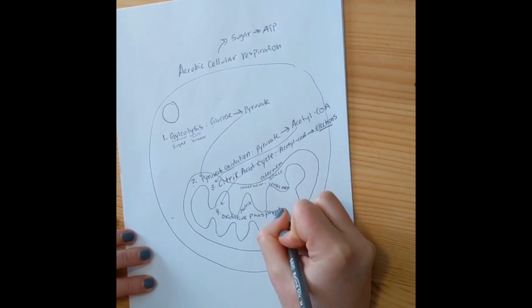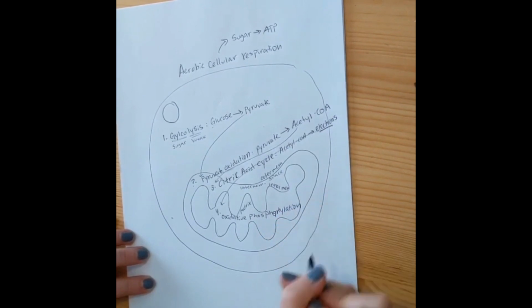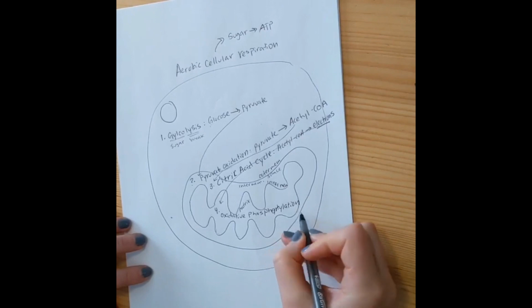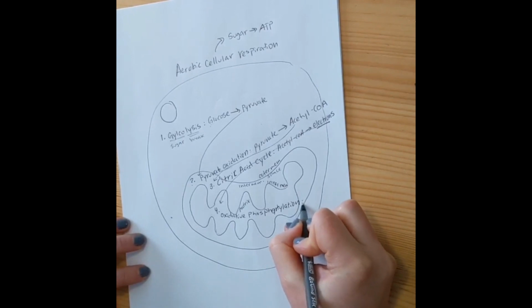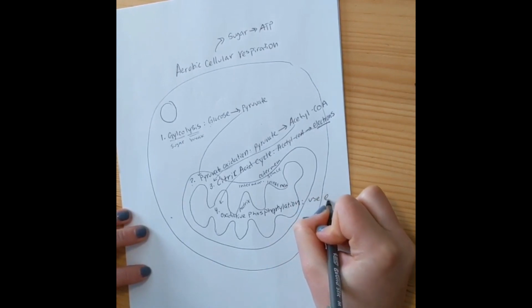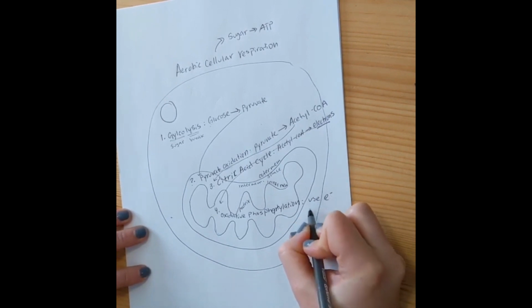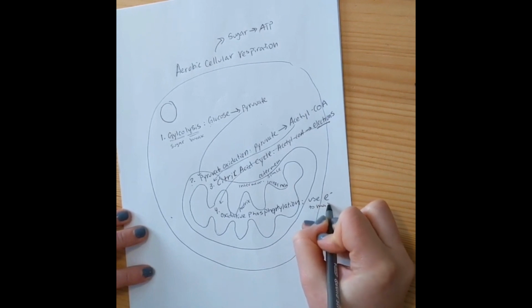Oxidative phosphorylation is going to take those electrons, which I'm going to abbreviate as e with a little negative because they're negatively charged, to make ATP.